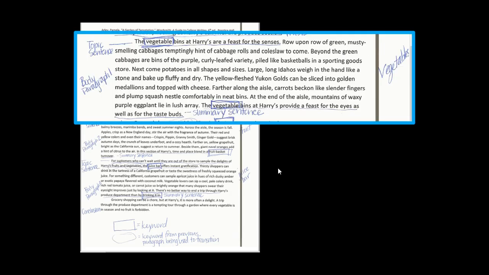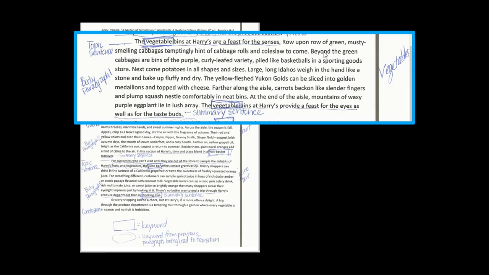In the body paragraphs, what we're checking to see is first, does the whole paragraph match vegetables? And it does. And then the topic and summary sentence has to directly mention the vegetable section. And usually, if you're able to come up with a key word for the whole paragraph, you should see that word or a similar word in the topic and summary sentence.